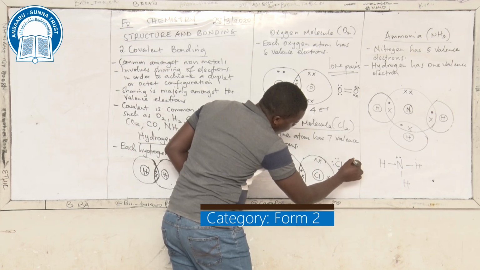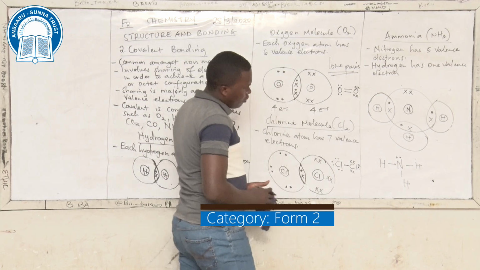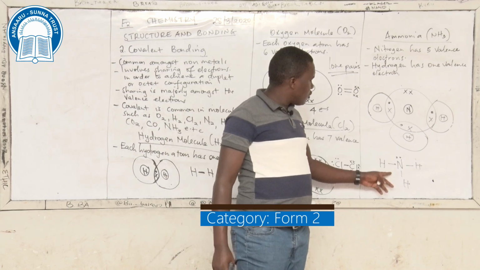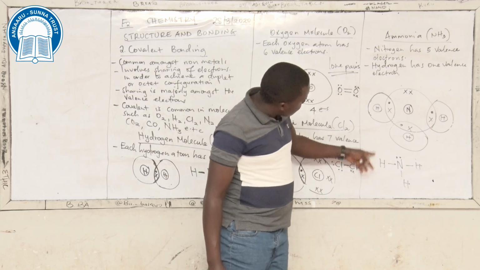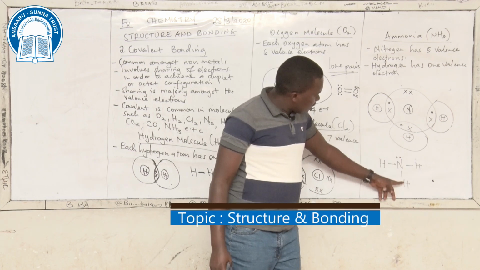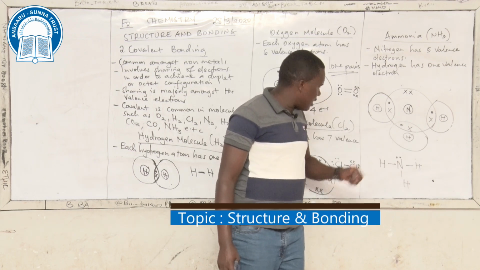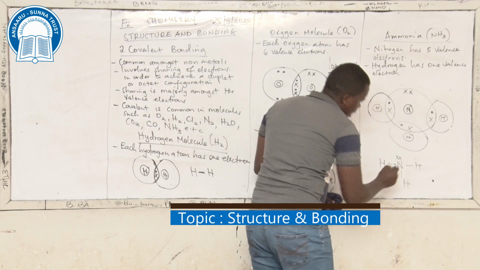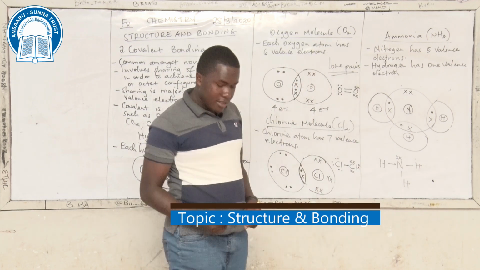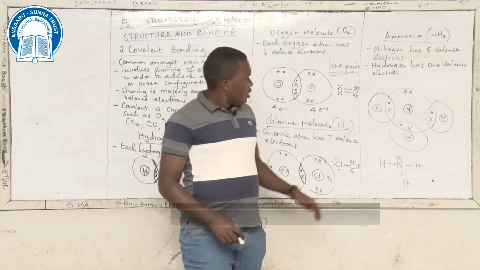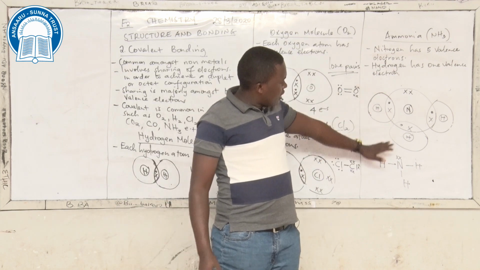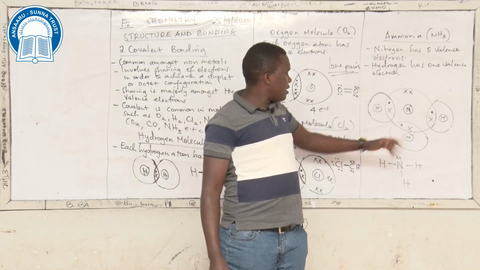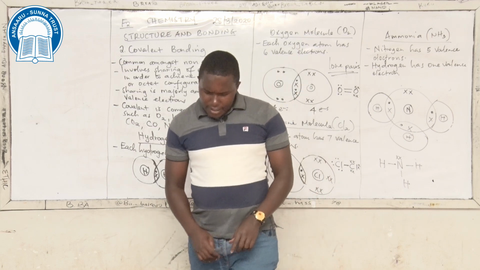Or the other one also as well. So even the lone pairs for nitrogen, you have also to represent them. So this one is this hydrogen, this one is this, and the other one is this. Then the lone pairs are up there, which we represent using a cross instead of the dot. So this one is the ammonia molecule. You can see it is made up of nitrogen and hydrogen.